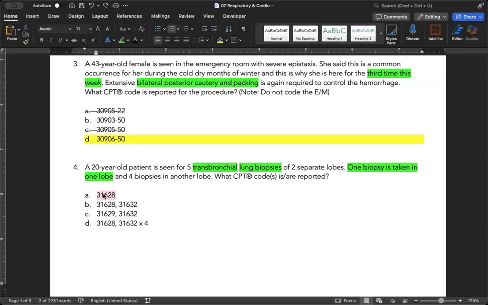So we're not necessarily doing a rule out at this point. And then underneath that, you have two parenthetical notes. One states that 31628 should be reported only once, regardless of how many transbronchial lung biopsies are performed.